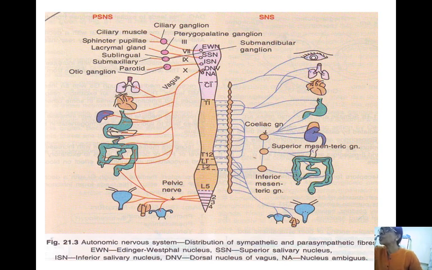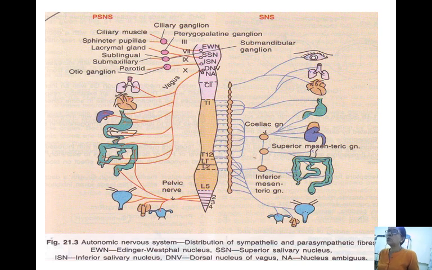From there, the postganglionic fibers will go and innervate the gut. On the contrary, here the preganglionic fibers are short and the postganglionic fibers of the sympathetic nervous system are long, whereas in the parasympathetic nervous system the preganglionic fibers are very long. So that is the difference between the parasympathetic nervous system and the sympathetic nervous system.